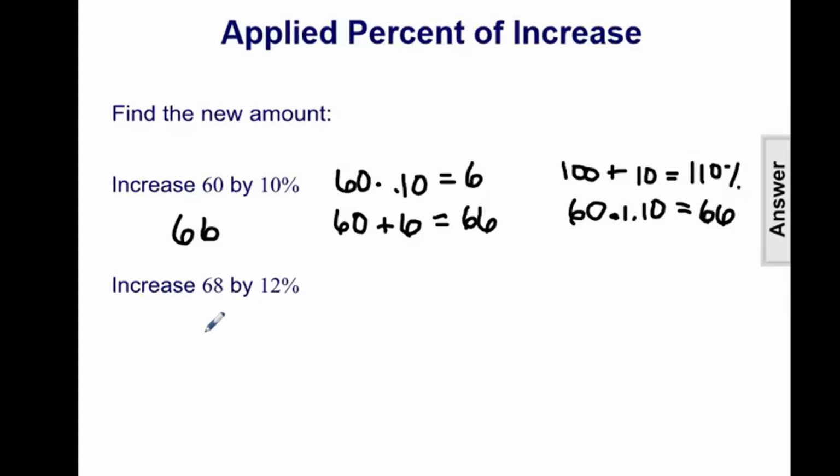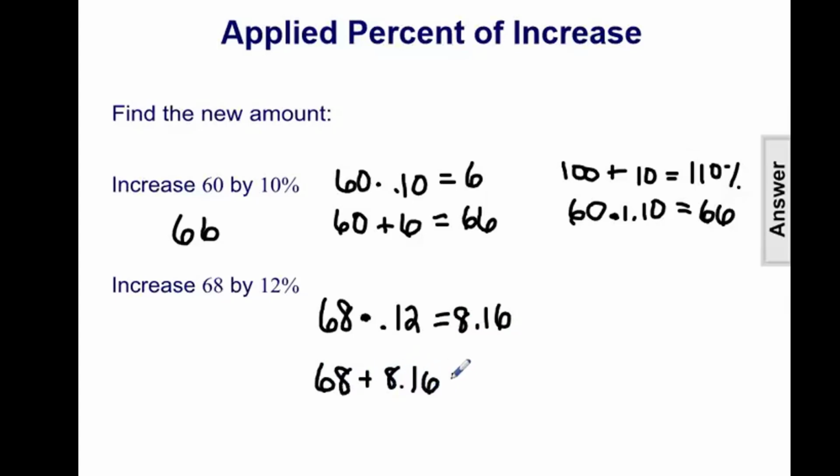We then can look at the increase of 68 by 12% with the similar methods. We're going to multiply first 68 by the 12%, or 0.12, to find what that actual amount would be, which in this case would be 8.16. We would then add 8.16 to 68 to find the new amount, which is 76.16.